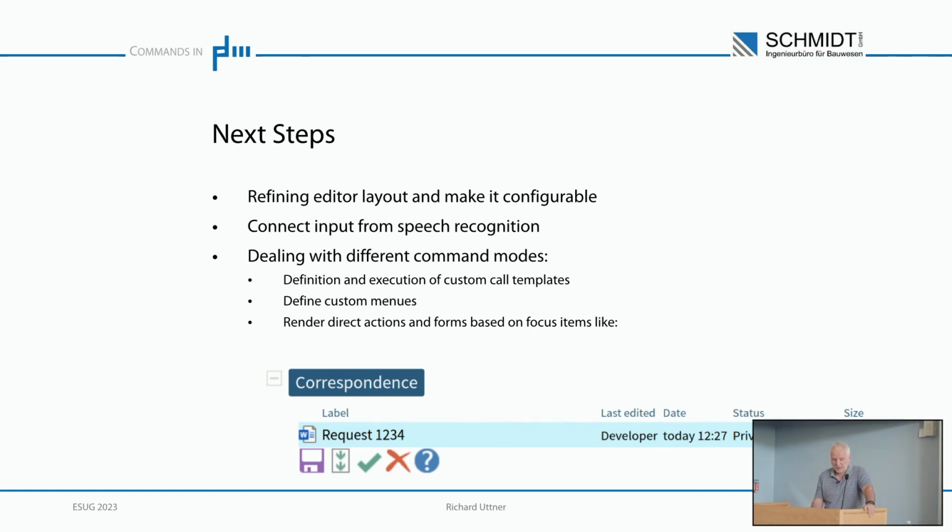One is save, obviously, one is get a file for that document, one is release it, one is cancel it, and one is for help. And those actions are finally thought and expected to come from within our different command modes as prepared activities, just issuing commands.